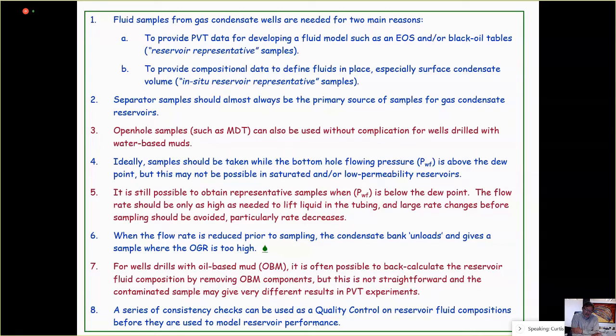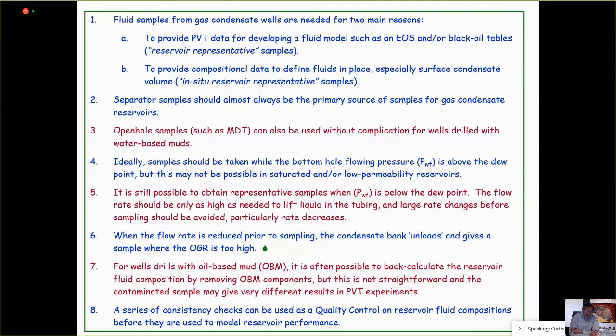Second is to provide compositional data to define the fluids in place, especially surface condensate volume, that is little rs initially, and how that maps spatially with depth and otherwise, by zone, areal variations, whatever it might be.